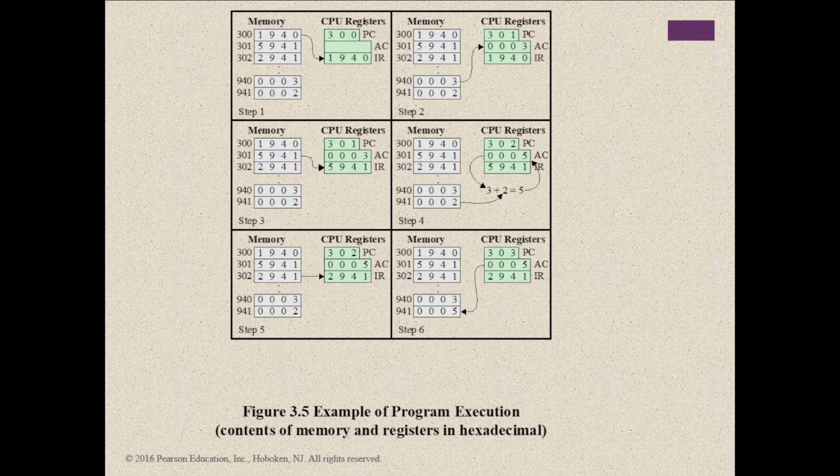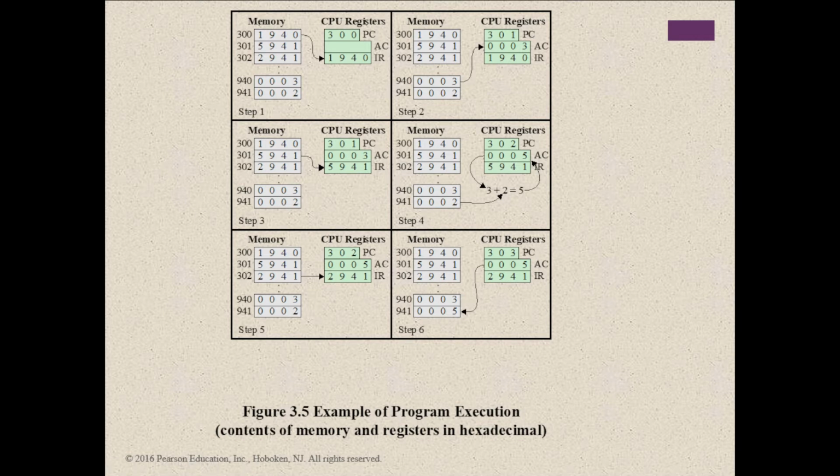And then next, the instruction 5941 is fetched from location 301 because it's already in the program counter. And of course, the PC is also incremented from 301 to 302.